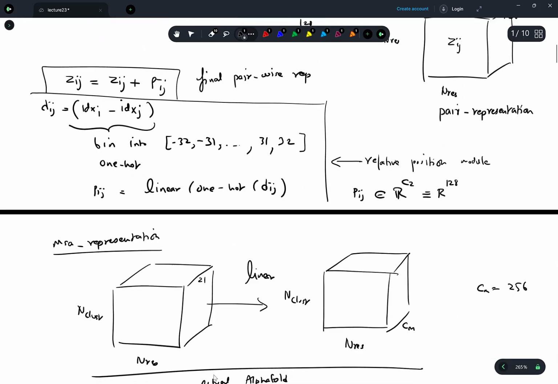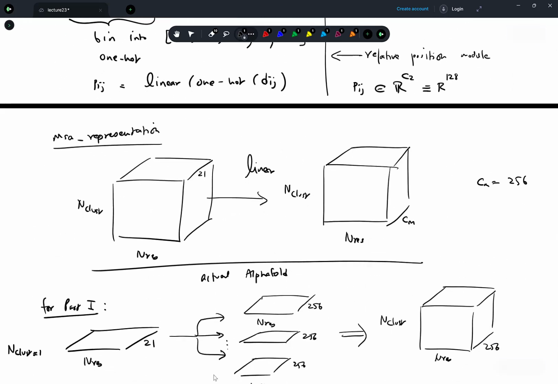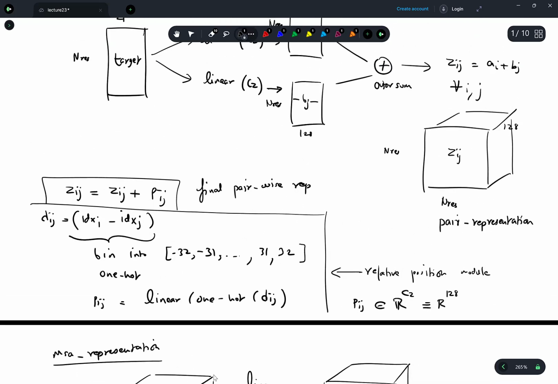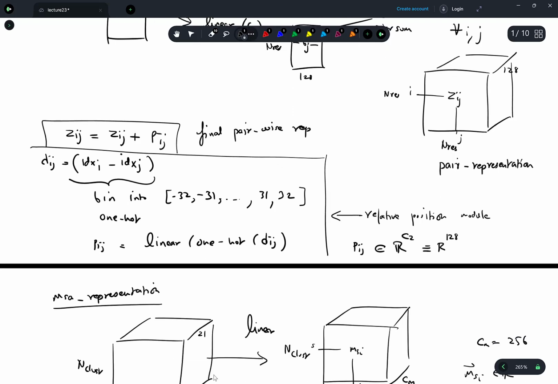So this, by the way, is called M. Each entry here is called MSI, and MSI is a vector which is 256. So sequence S and position I, just like Zij is basically I versus J. That's the convention we are following: I and J refer to positions in the protein, and S refers to a sequence ID in the nclust dimension.